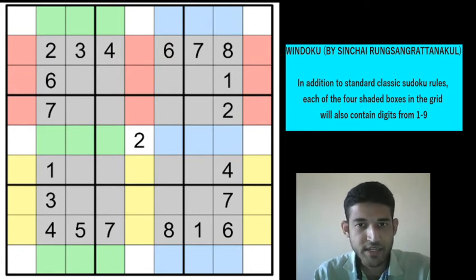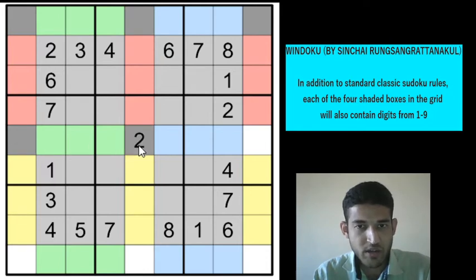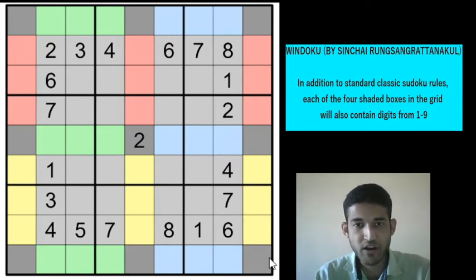So the remaining cells, row 1 column 1, row 1 column 5, row 1 column 9, row 5 column 1, row 5 column 5, row 5 column 9, row 9 column 1, row 9 column 5 and row 9 column 9 will also contain the digits 1 to 9. So this trick, if you can use in any Windoku, your solve will be faster. With that, we will start solving the Sudoku.